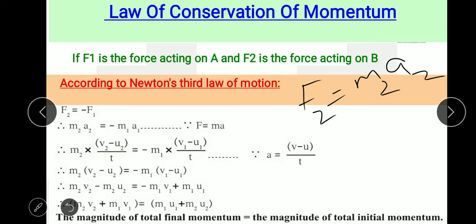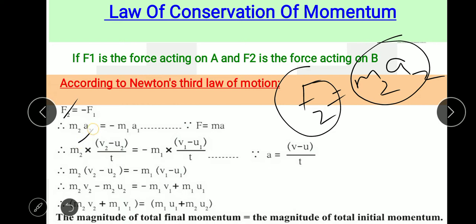So I have substituted values: instead of f2 I have written m2 a2, and instead of f1 I have written m1 a1. Why? Because F is equal to ma. We have already studied this in the second law of motion, given by Newton.